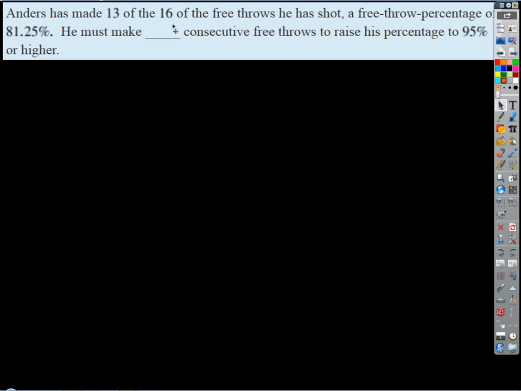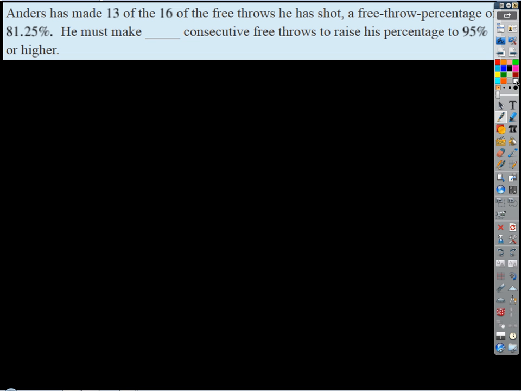So then, how are we going to set that up as an equation that we can solve? How do you calculate a free throw percentage? It's the made free throws divided by the total number of attempts, right?